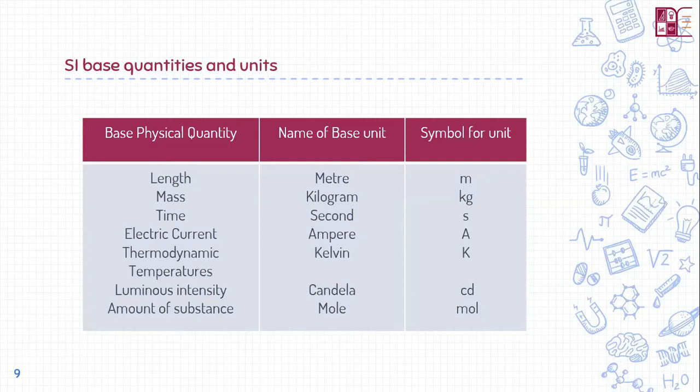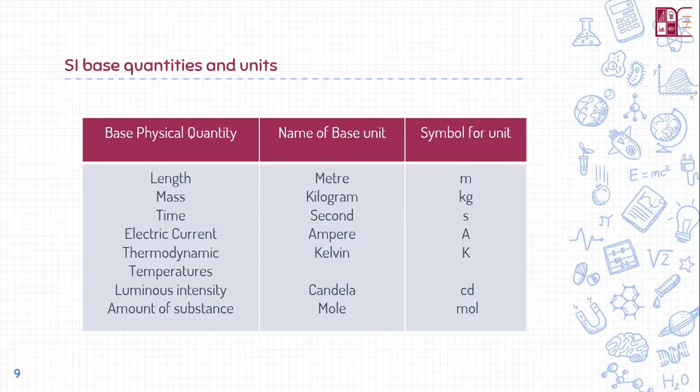If it's a lowercase letter, it is going to remain a lowercase letter throughout the entirety of its course. So you cannot write a capital M in place of a small m. It will not be considered as an SI unit symbol.